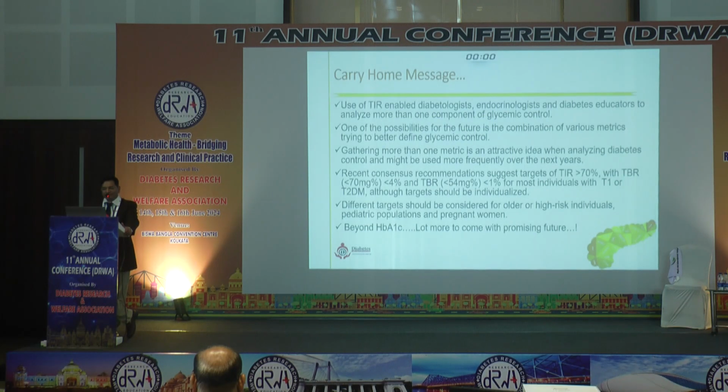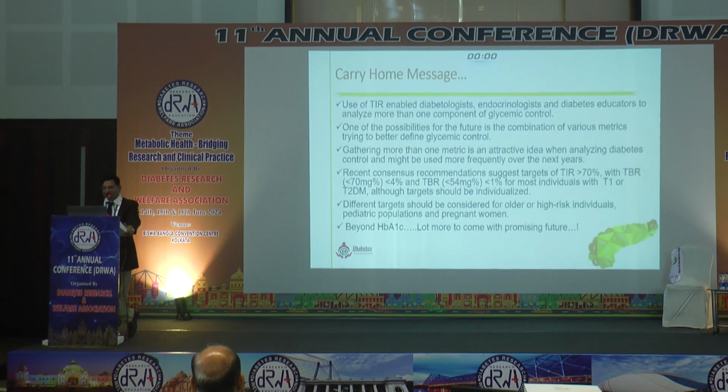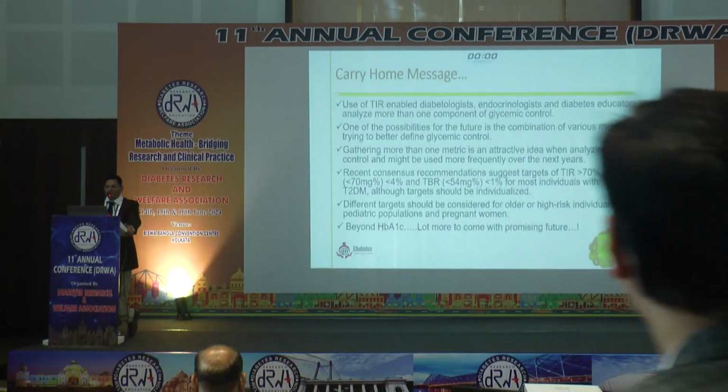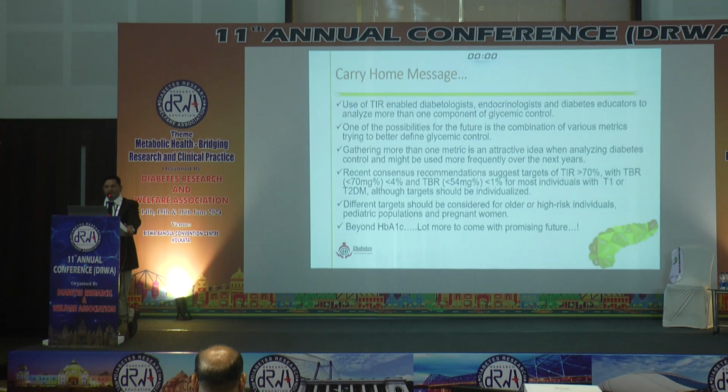So the carry-home message is that the use of TIR enables diabetologists, endocrinologists and educators to analyze more than one component of glycemic control. One of the possibilities of the future is a combination of various metrics to achieve better glycemic control. Gathering more than one metric is an attractive idea when analyzing diabetes control and might be used more frequently over the next years. A recent consensus has said that we should have TIR of more than 70%.